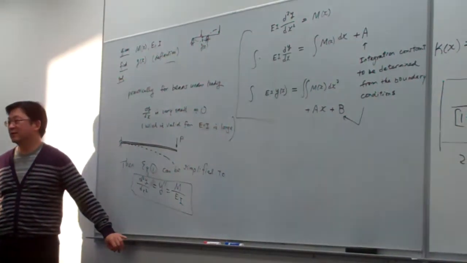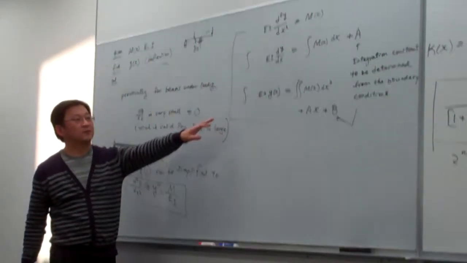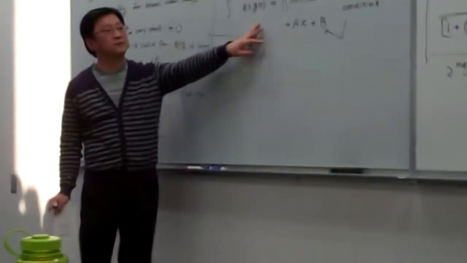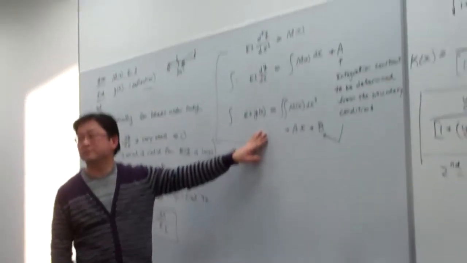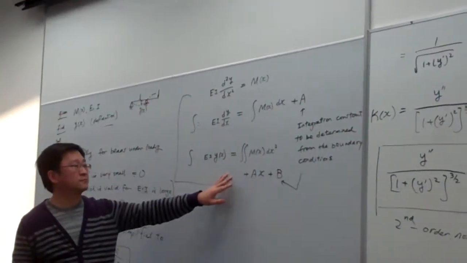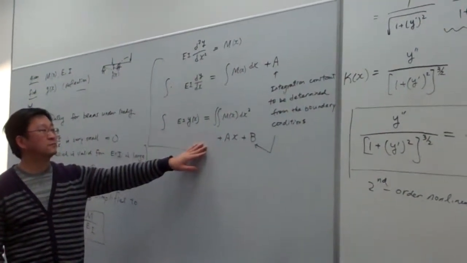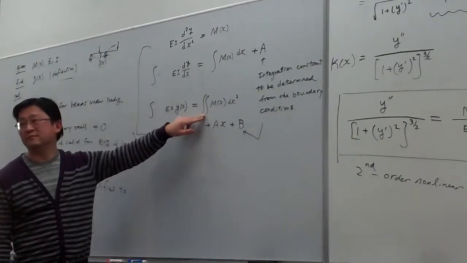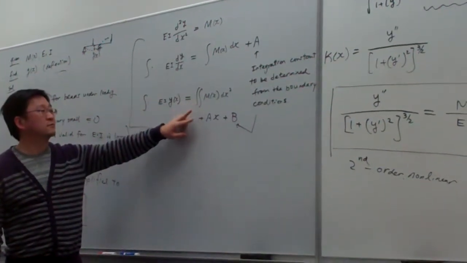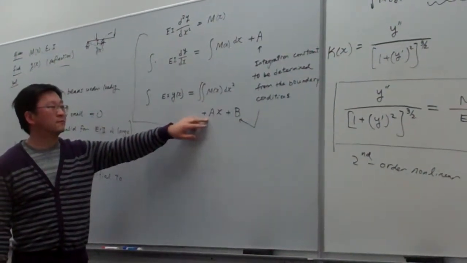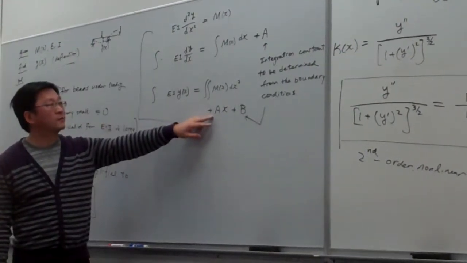Yes? For that equation over there, for y of x, why isn't there a double integral, like, there's a double integral there, and I understand that, and then you have plus Ax plus B, because those two are the constants from the first, okay.